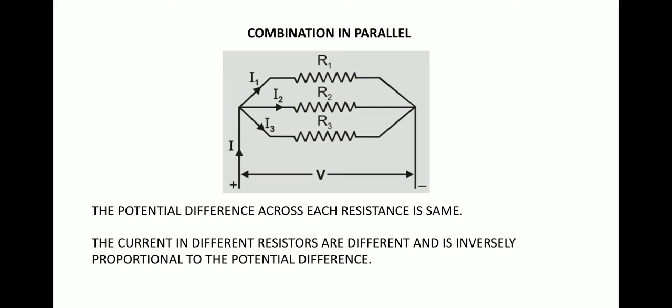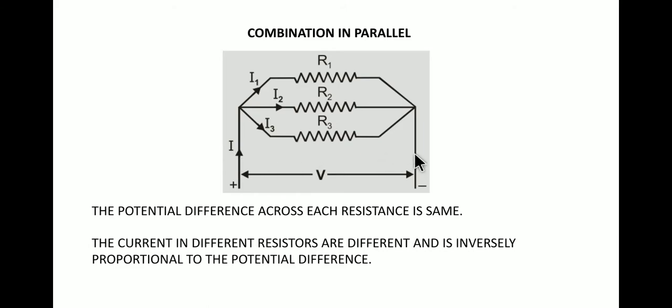So the sum of the currents I1, I2 and I3 is equal to the total current I drawn from the source. Let's look at the figure again. This current passes through the resistors R1, R2 and R3 and comes back over here.